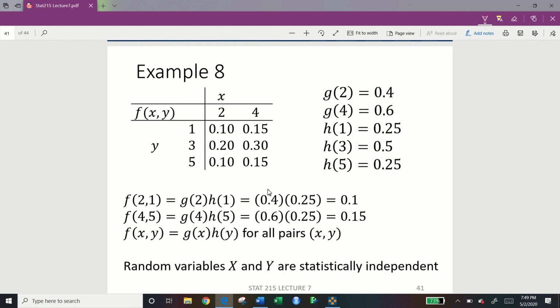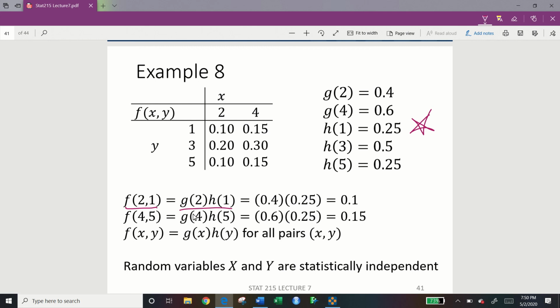So, now that we have our marginal distributions that we calculated on the previous slide, we can now check for independence. For example, if we wanted to see if f of 2 comma 1 was independent, we would see if it equals g of 2 multiplied by h of 1.